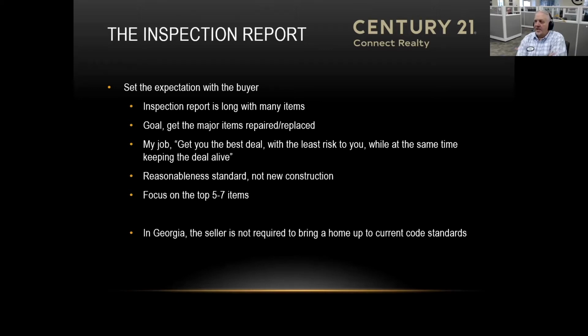So just because an inspection report says that the hot water heater doesn't have an expansion tank, and that's a current code requirement, it doesn't mean it was a code requirement when that home was originally built. So it's not a requirement that the seller has to bring it back up to those codes. Make sense?